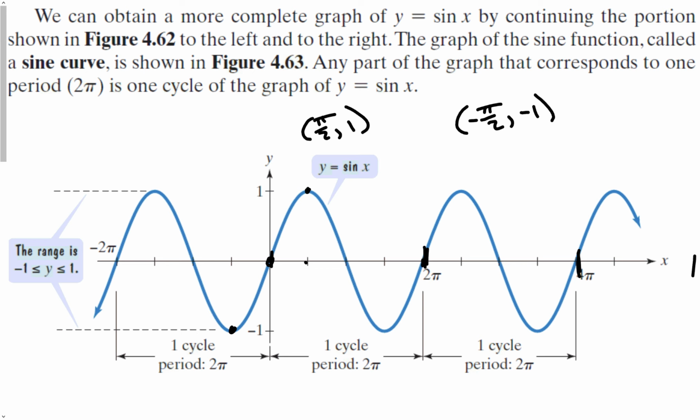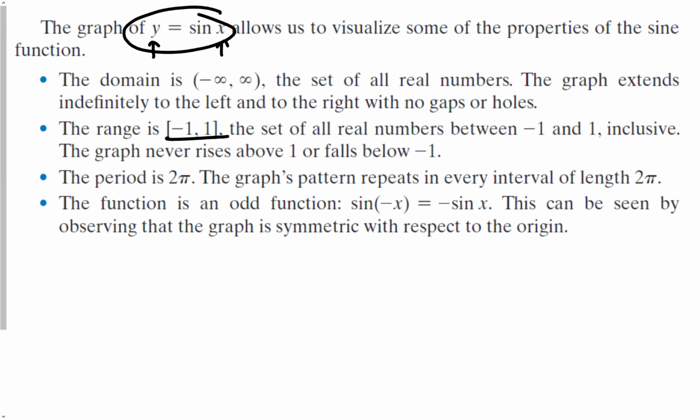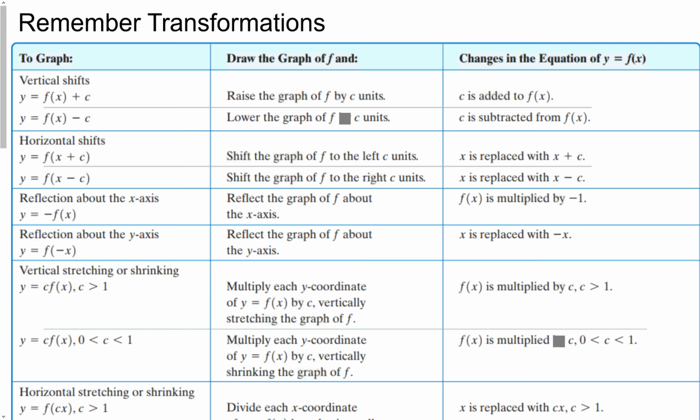So we were able to graph one period of the parent function. If you remember from chapter 1, we took all our parent functions and we moved them. We added stuff to the outside of the function to move it up or down.